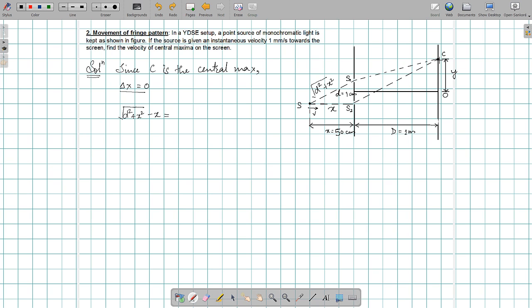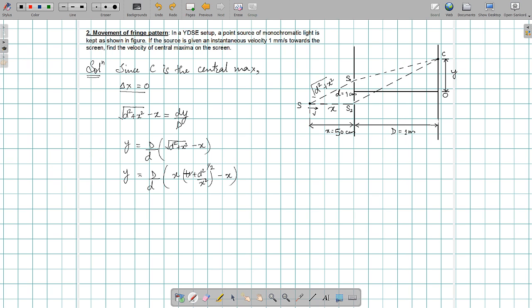Now this path difference should be equal to the path difference at this point C, which is dy by D. If we try to find y, it is D by d into the square root of d squared plus x squared, minus x. Taking x common, this is D by d into x times (1 plus d squared by x squared) to the power 1 by 2, minus x.